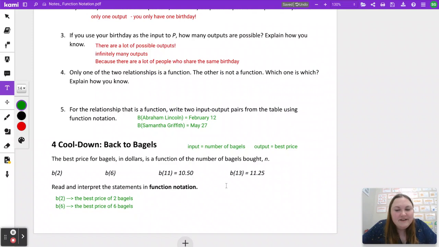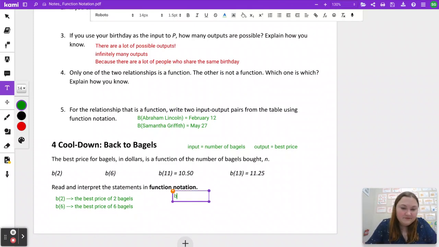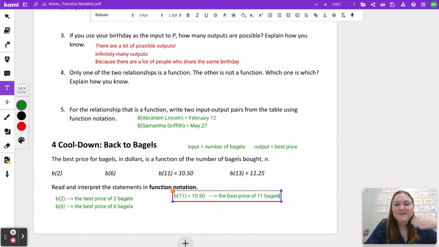These other two right here that are equations are telling me a little more. So similar to these first two, B of 11 equals 1050. The B of 11 part tells me we're talking about the best price of 11 bagels. But to finish it up now, I can actually say what that best price is. The best price of 11 bagels is, and then I know that 1050 must be the best price. So I could say the best price of 11 bagels is $10.50.